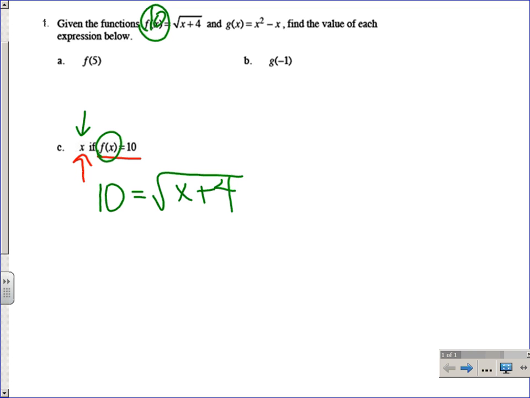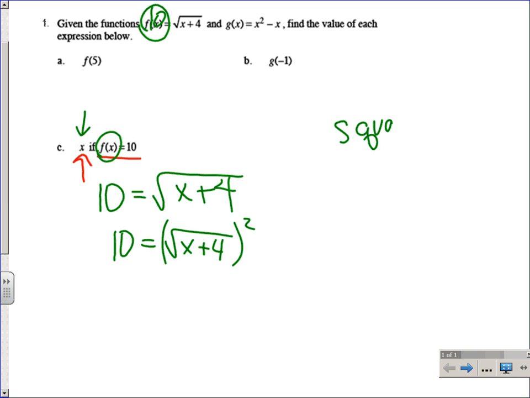I see a square root. That is like a grouping, like parentheses. And when we're solving, we need to undo. To undo a square root, I'm going to square that.